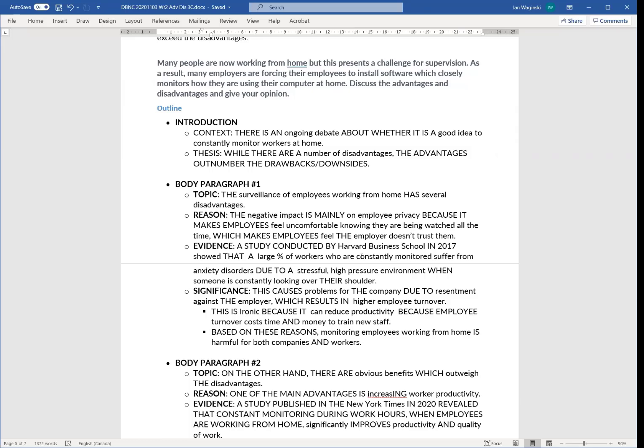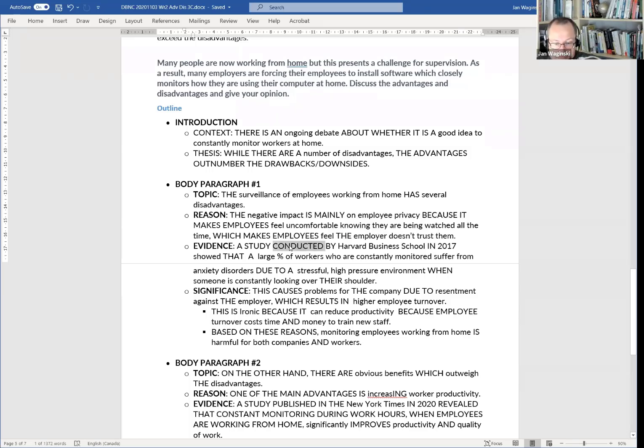That was in 2017, right? Is that passive voice or present? Well, the study was conducted in the past. So can we say workers who were constantly monitored suffered from anxiety disorders?